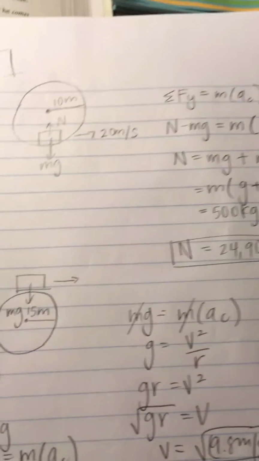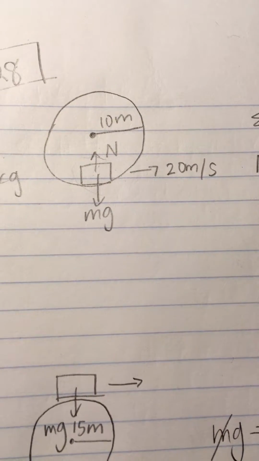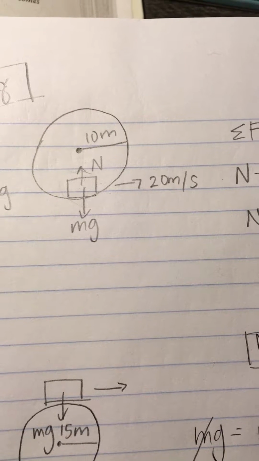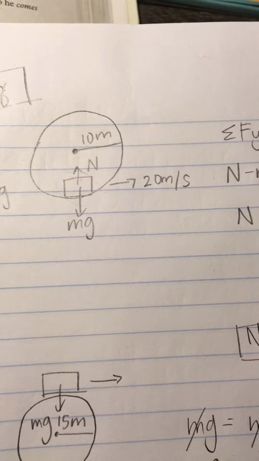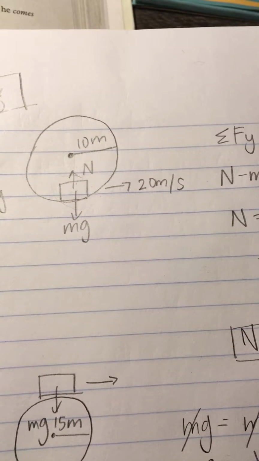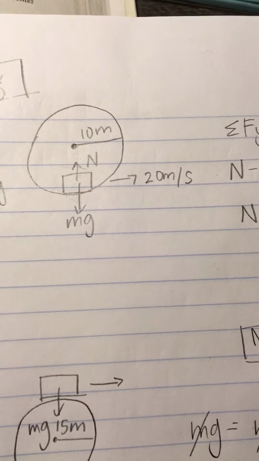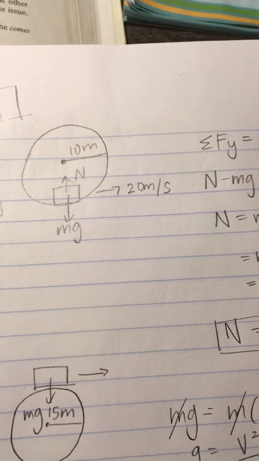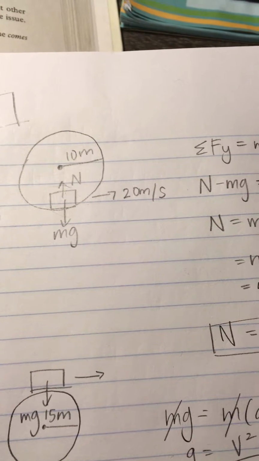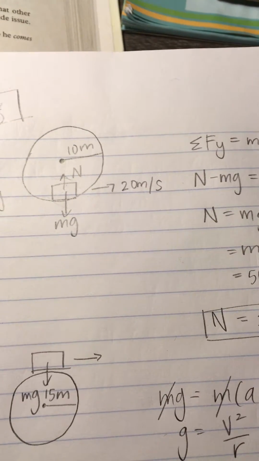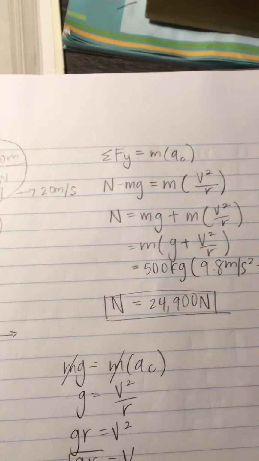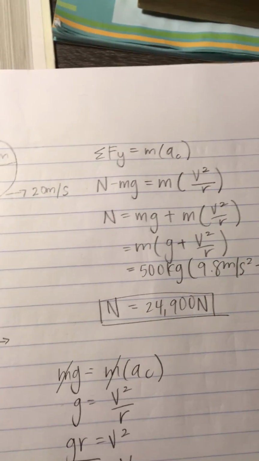Because there's centripetal acceleration towards the middle, the normal force has to be larger than the weight, or it would be negative. If the weight were larger, that would be a smaller number minus a bigger number, which would be negative. So it's bigger minus smaller, equals mass times acceleration.